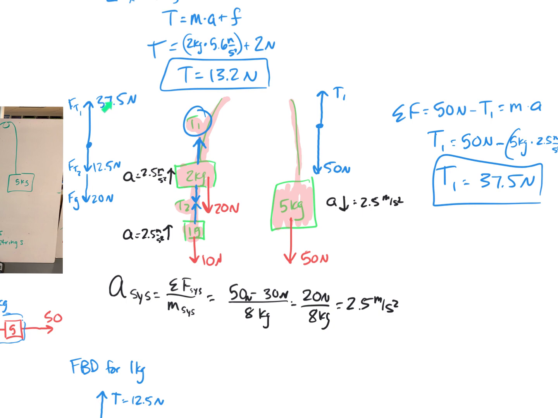So let's figure out what the net force is. I take all the ups minus all the downs to figure out the total. And let's see, 37.5 minus 32.5 gives me a total of 5 newtons of net force. So there's an overall 5 newtons of net force and a mass of 2.